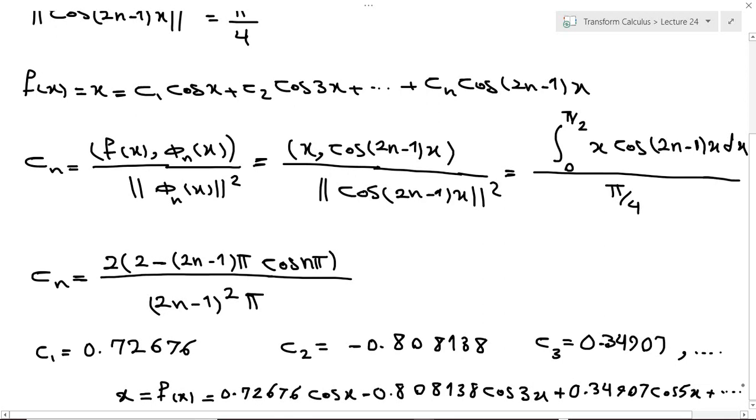So we could represent f(x) equal to x using the given orthogonal set of functions.